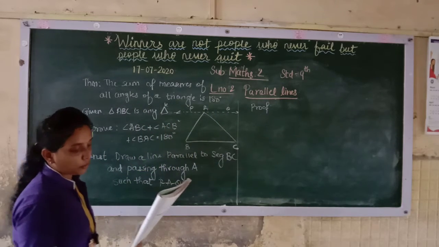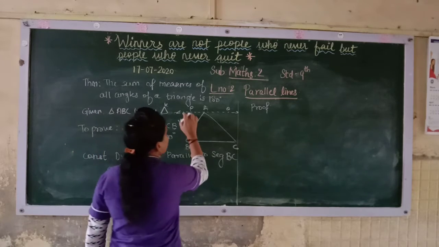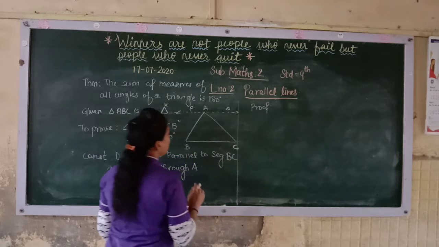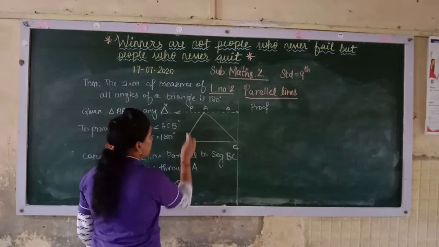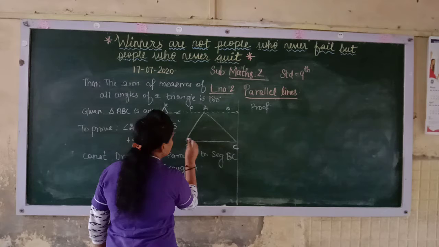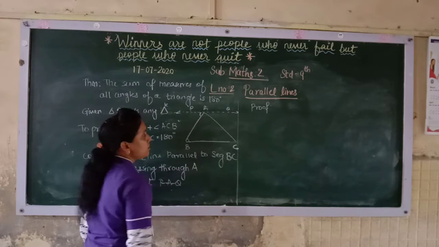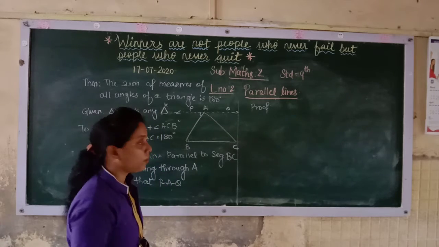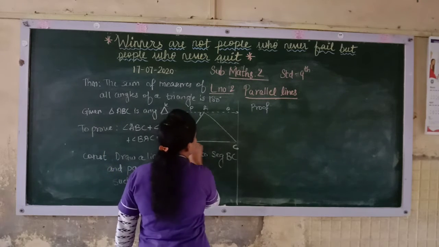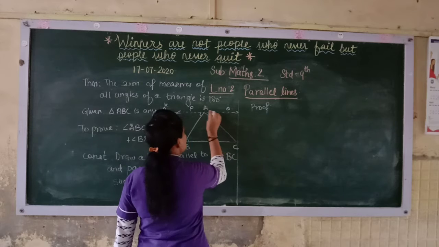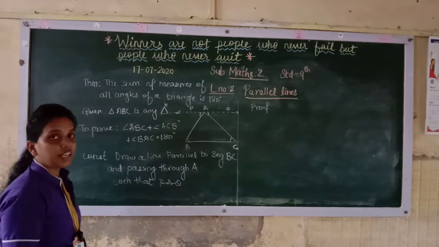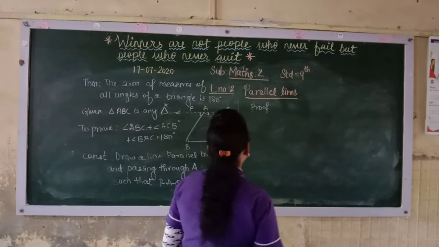When PQ is parallel to BC and AB is the transversal, here you will get a Z, that is alternate angles. So these angles you can show congruent. When PQ is parallel to BC and AC is the transversal, here you are getting a reverse Z. So these two will be congruent alternate angles. So we'll write this first.